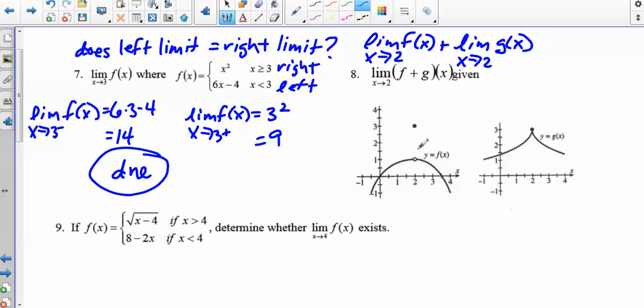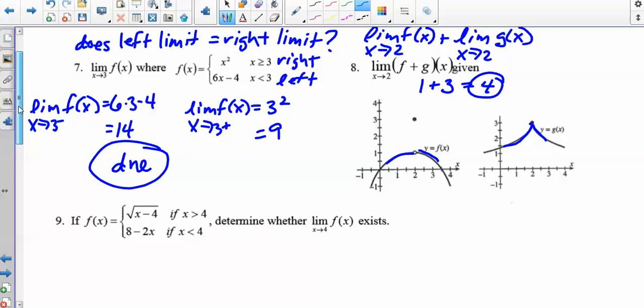So here's our 2. As we approach 2 from the left and from the right, we're approaching the same number, and that seems to be a value of 1. So our first limit is 1. And our second limit, as x approaches 2 from the left and from the right, we're approaching the same number, and that number is 3. So this limit is 3. So we add them together, and we get the answer 4.